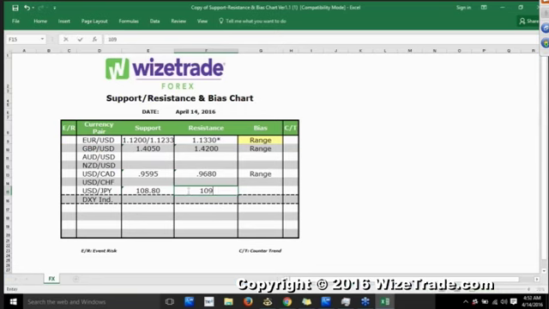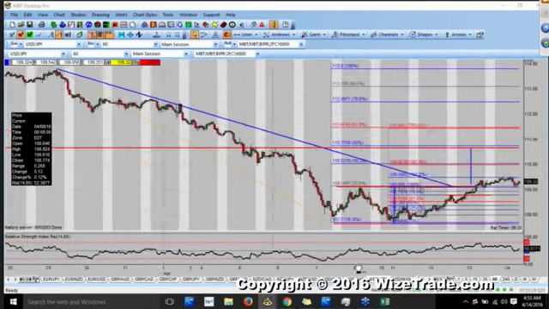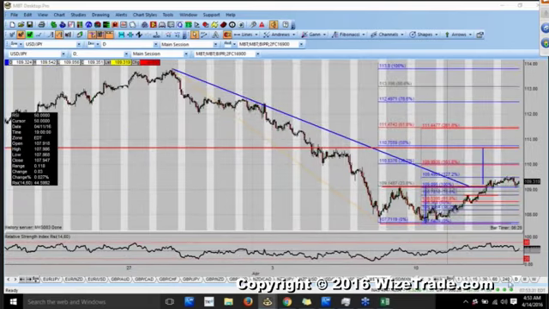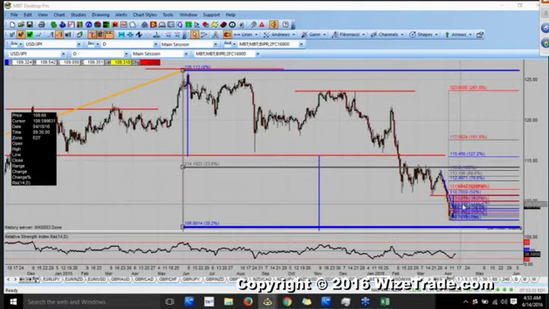110 is the 161% extension, and we are in a bearish trend. We're just seeing a counter trend move right now, back up to 110.50.